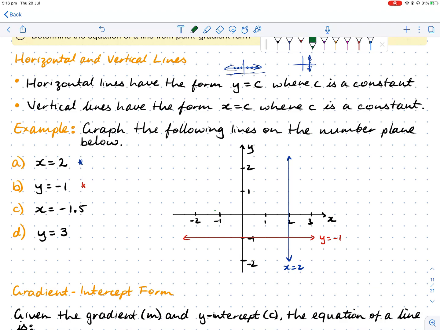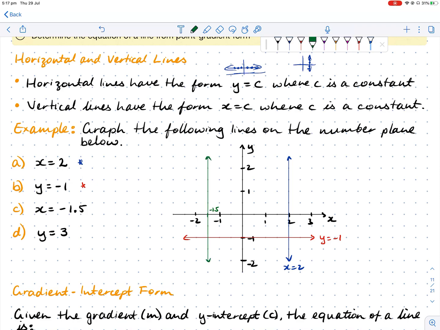The next line we've got is x equals -1.5, so we can have decimals as well. Okay, so what we know is we want the value that's halfway between -1 and -2, so that's -1.5. So we can draw a line in here.